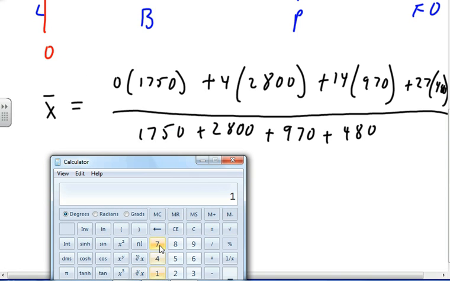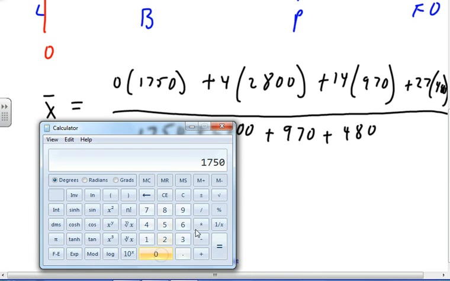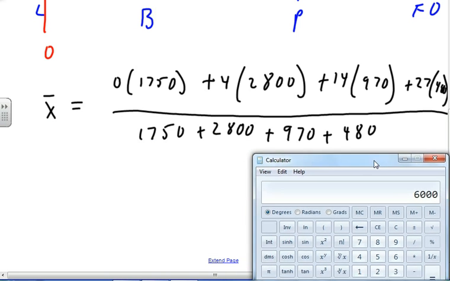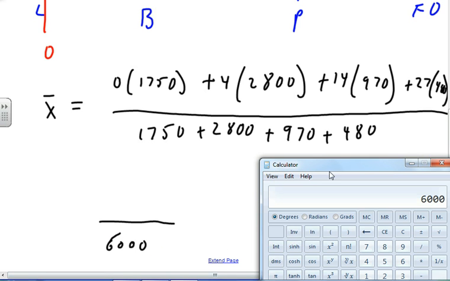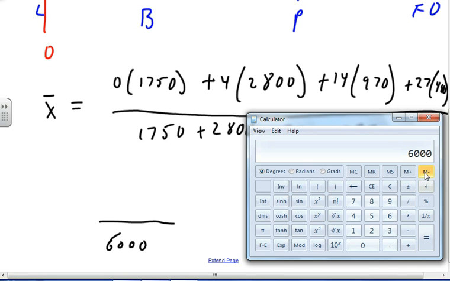Okay, so 1750 plus 2800 plus 970 plus 480 equals. So I have 6,000 on the bottom. And on the top, I have 4 times 2800 plus 14 times 970 plus 27 times 480.